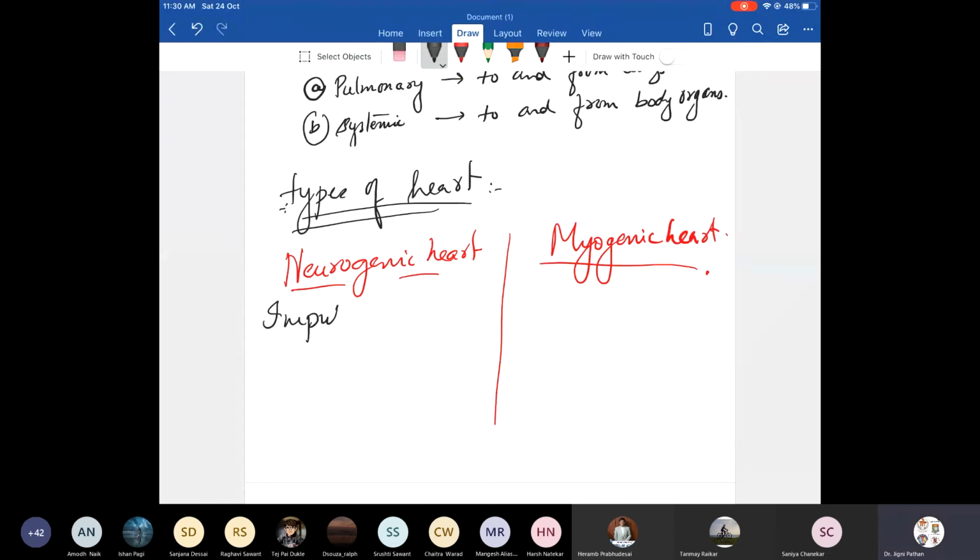Impulse of heartbeat comes from outside the heart.